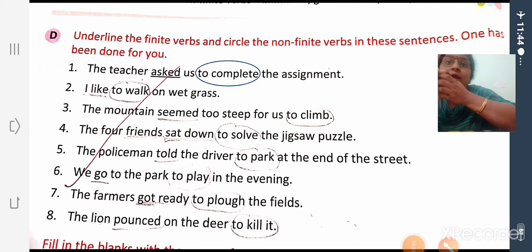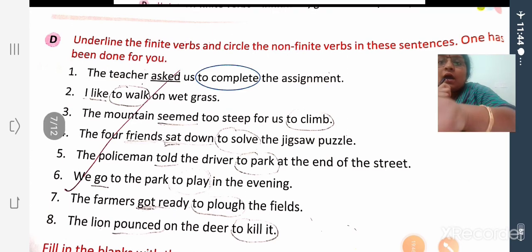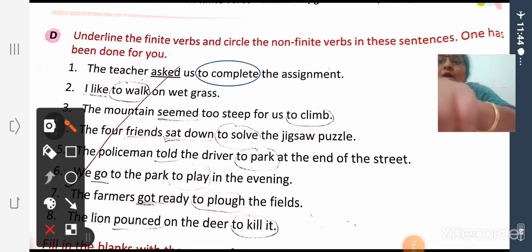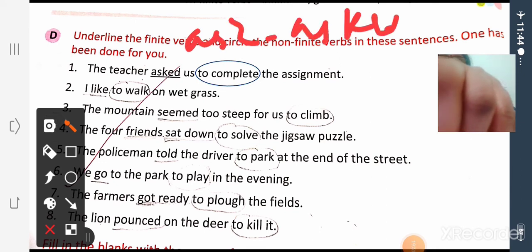If it is a finite verb, underline it; if it is non-finite, circle it. So here in this sentence, the teacher asked us. Ask became asked according to the tense, so the change came. So it is a finite verb, whereas to complete is a non-finite verb.